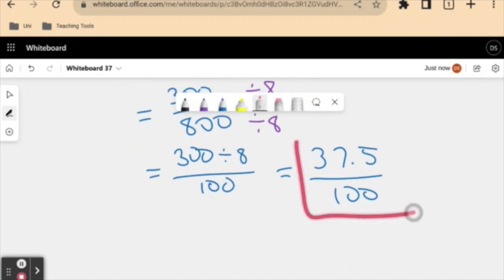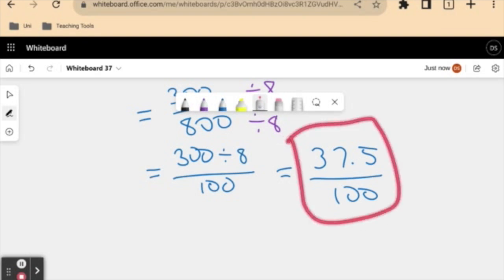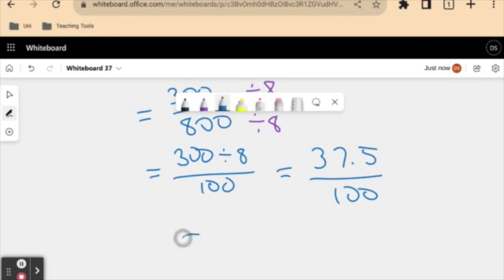Now we are looking at a friendly fraction, one which will tell us immediately what the percentage is. And here we'll get 37.5%.